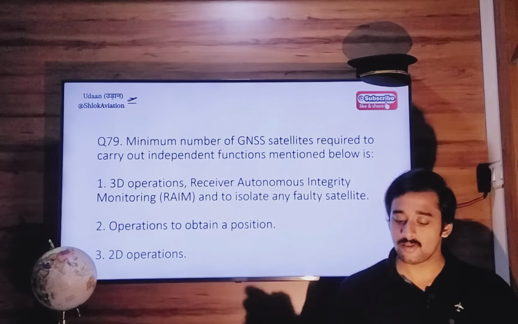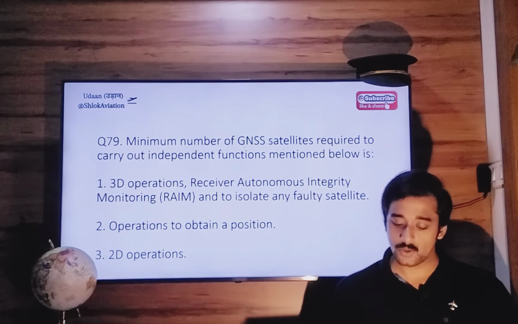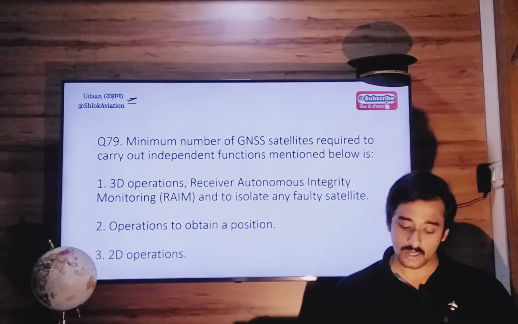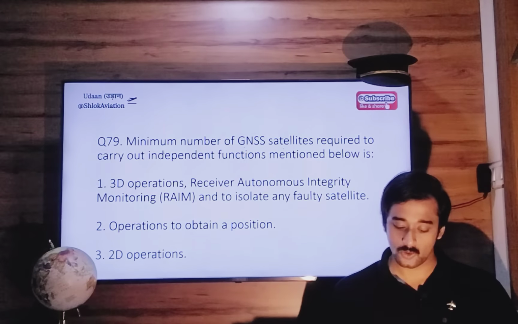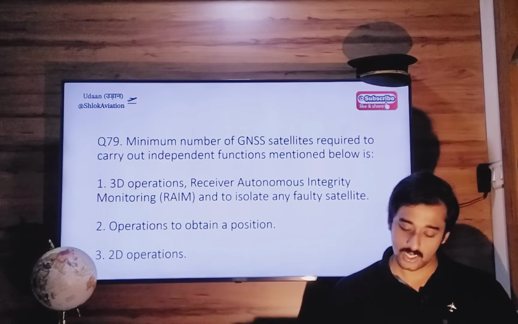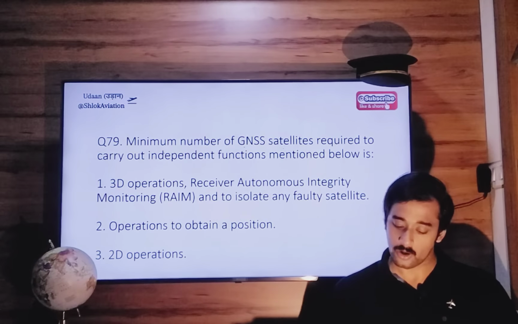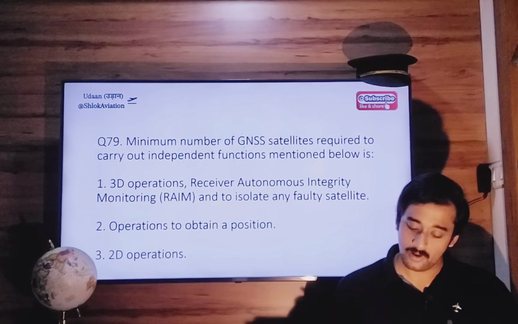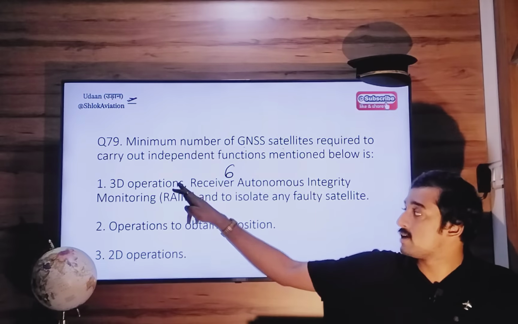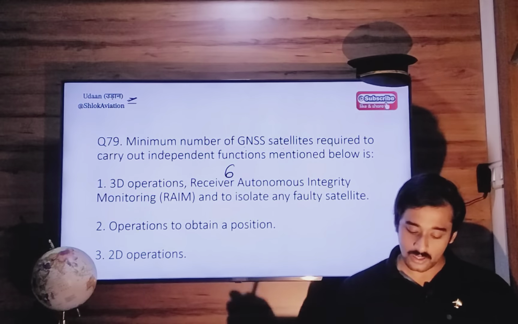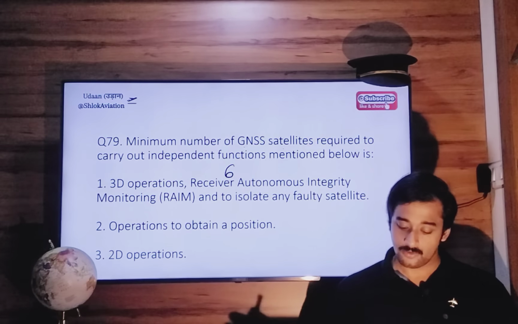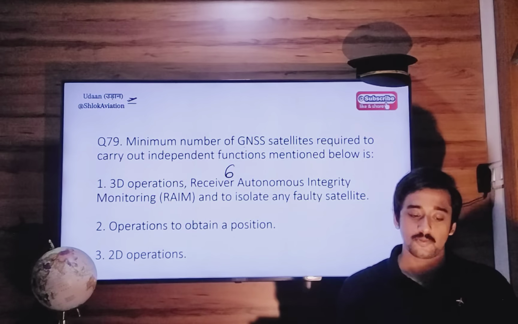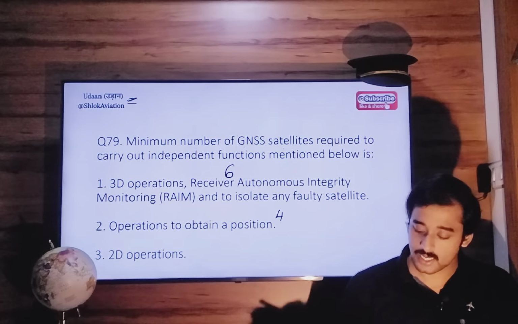Minimum number of global navigation satellites required to carry out independent functions mentioned below is? Now, if you want to execute 3D operations, receive autonomous integrity monitoring facility, and isolate any faulty satellite, you will require 6 satellites for this particular function. If you want to find out a position, your aircraft position in space, you will require 4 satellites.